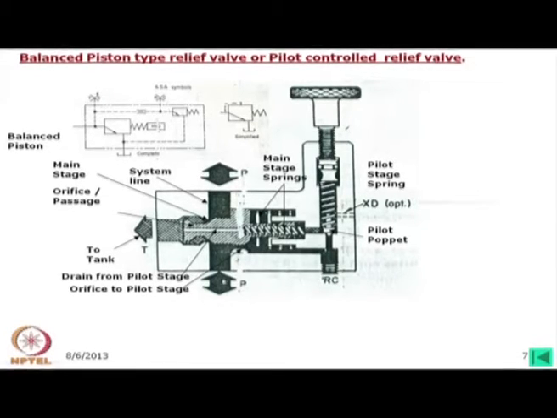That means the system line is passing through inside the valve. It is not that we are externally fitting to the system line. It is directly put inside the system line.